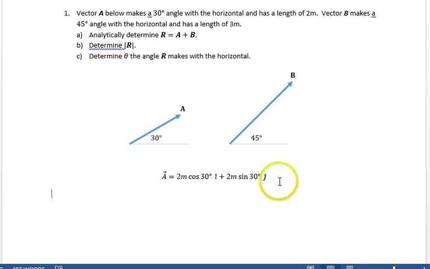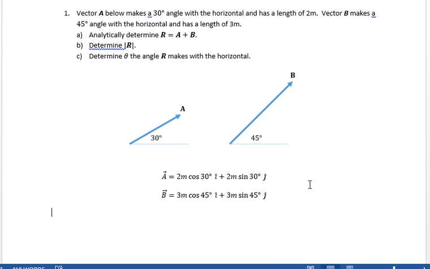Okay. What then is B? B, very similarly, is 3 meters times cosine of 45 degrees in the I hat direction, plus 3 meters times sine of 45 degrees in the j hat direction. All right?